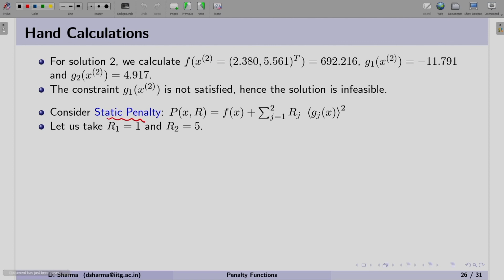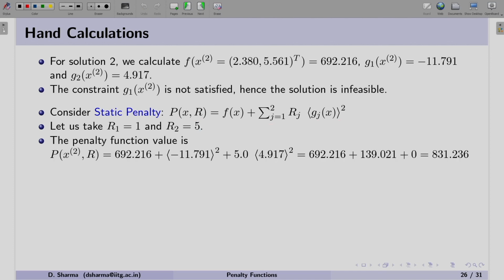Now let us consider the static penalty. We have the penalty function given here, and we have the same formula as we used earlier, taking r1 equal to 1, r2 equal to 5. Let us put the values here. For the penalty function for point 2, we can see the objective function, and inside the bracket operator, since r1 is 1, we are writing directly the square, then we have 5 and then g2 value squared.